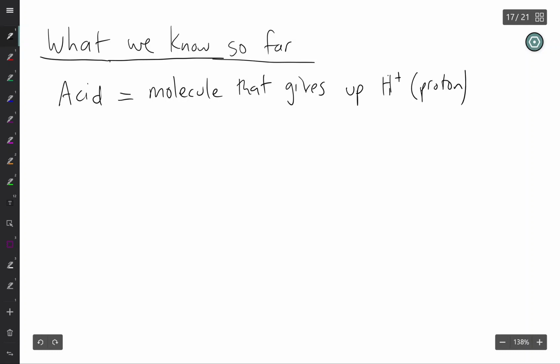All right. What is a base? A molecule or an ion, something that takes H plus away from another molecule.